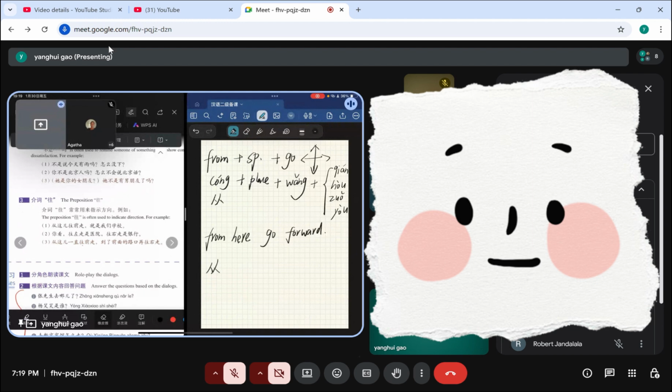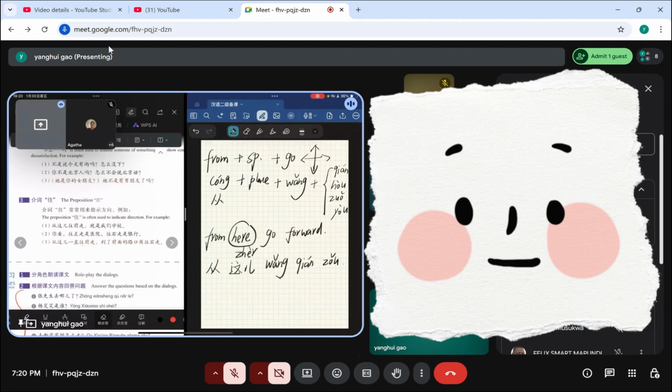You can say 从这儿. Here is 这儿. Okay, 从这儿, 往前, 往前走. 从这儿往前走. So now you give a direction to someone, right? 从这儿往前走. From here go forward.